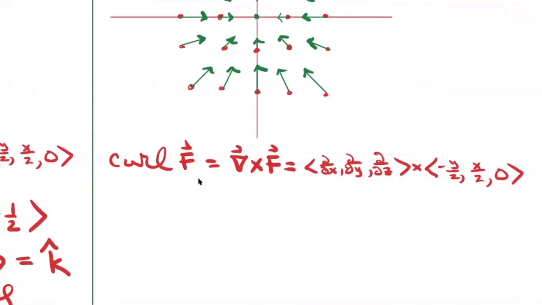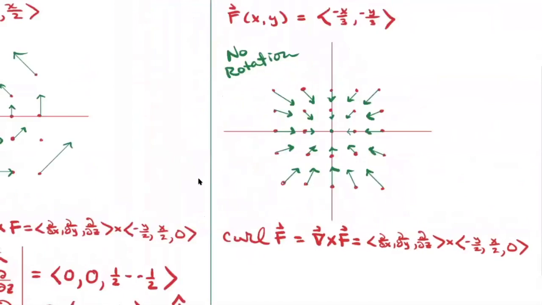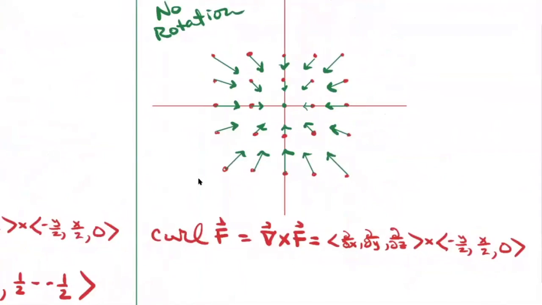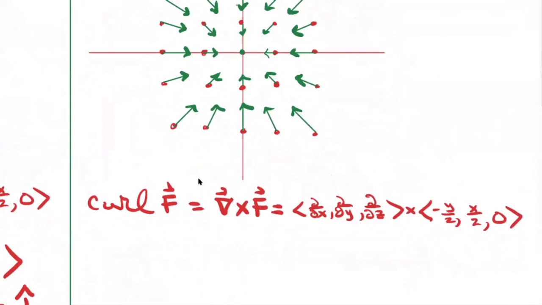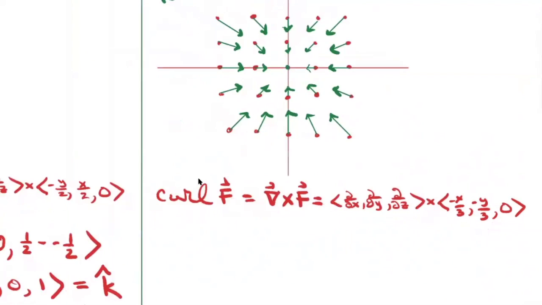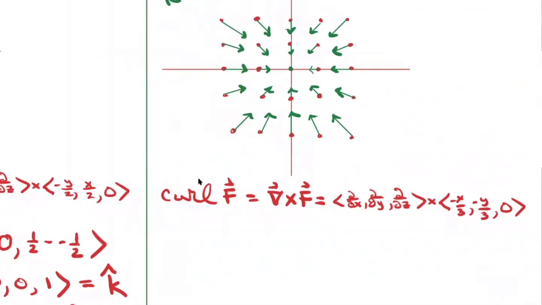Okay, so the components are different though this time. They are negative x over 3 and negative y over 3. Okay.